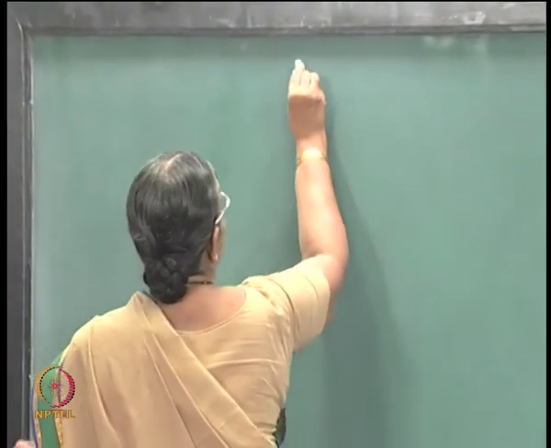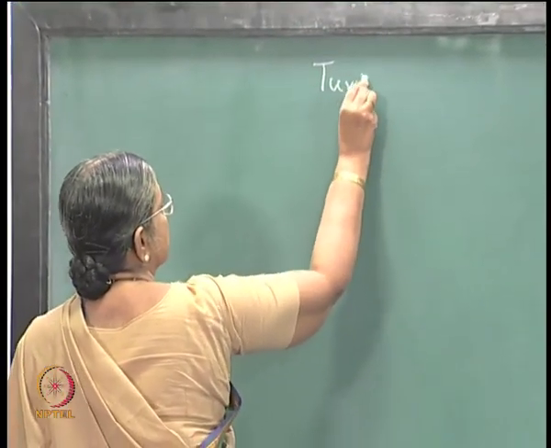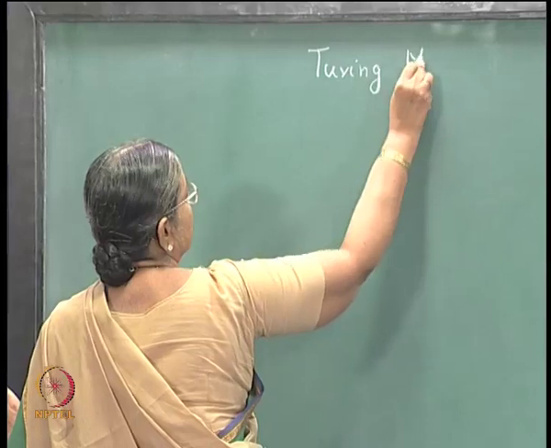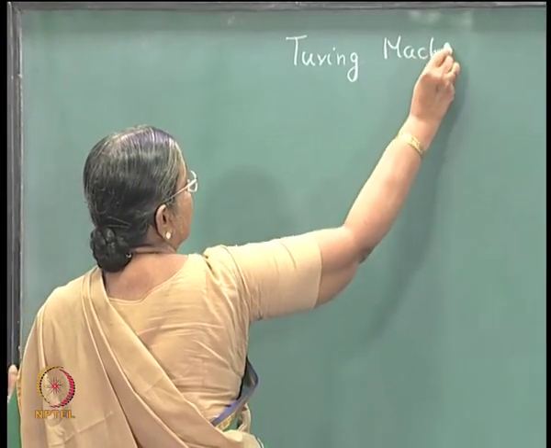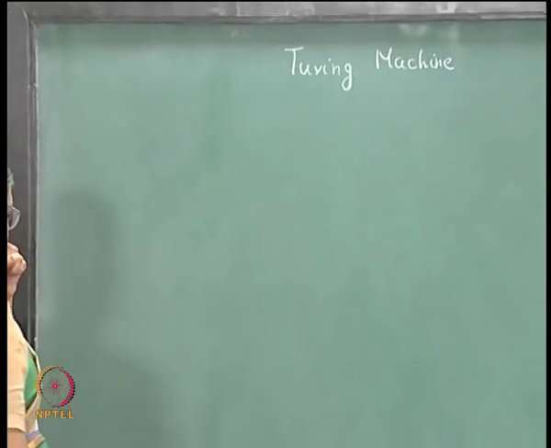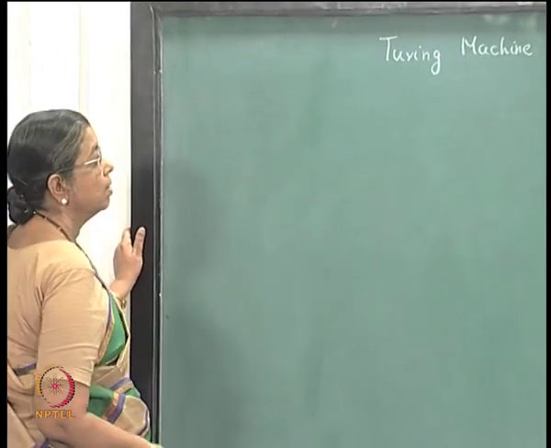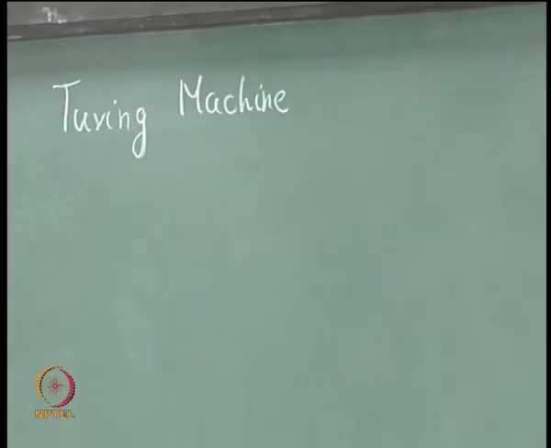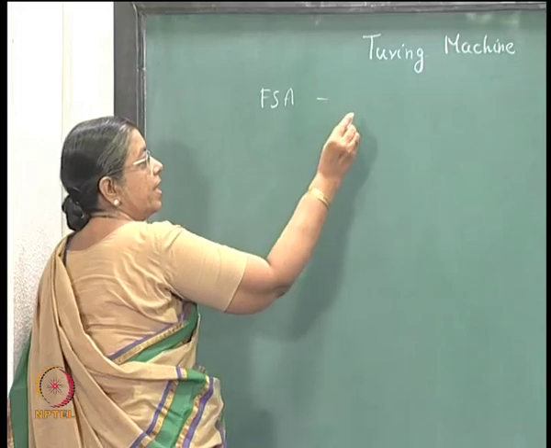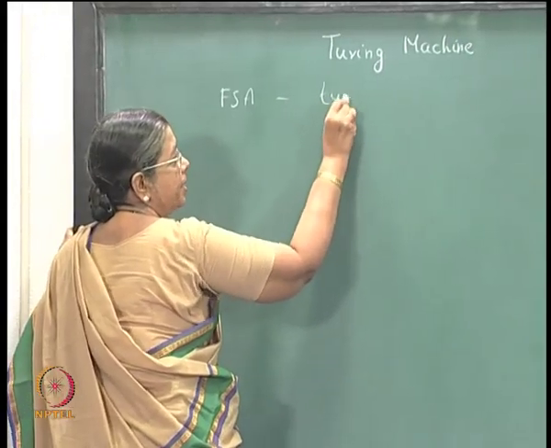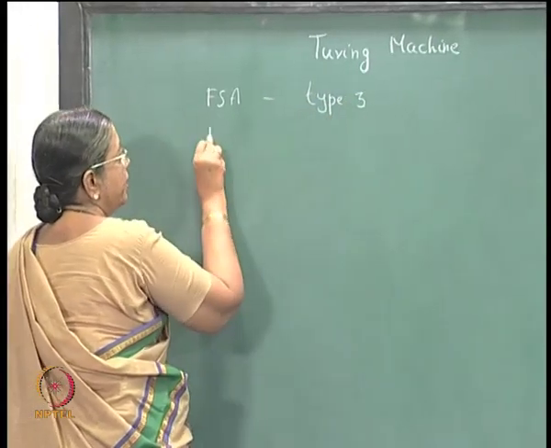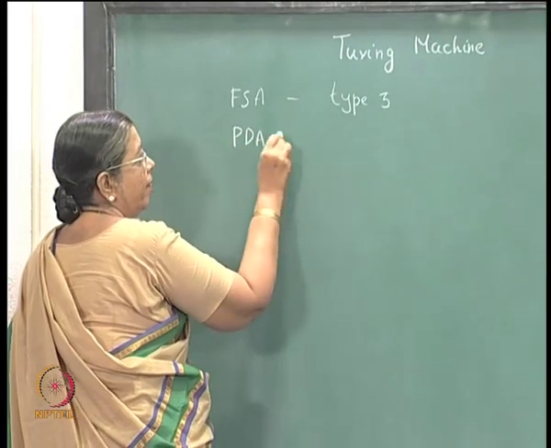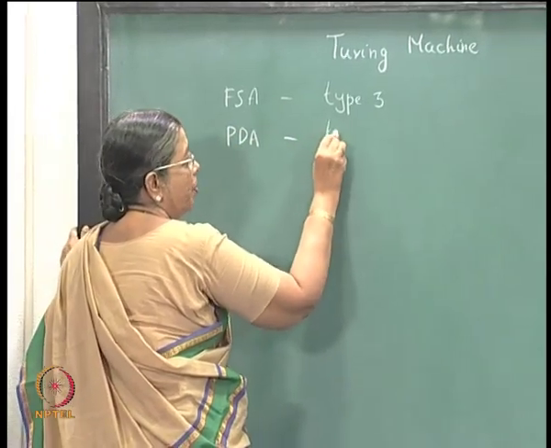Today we shall consider the most general type of a machine, the Turing machine. We have already considered finite state automata, which corresponded to type 3 grammars, and also pushdown automata, which was equivalent to type 2.